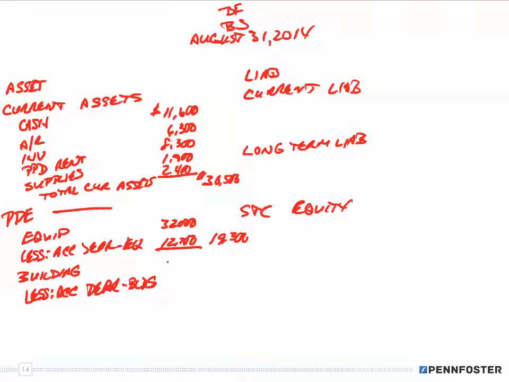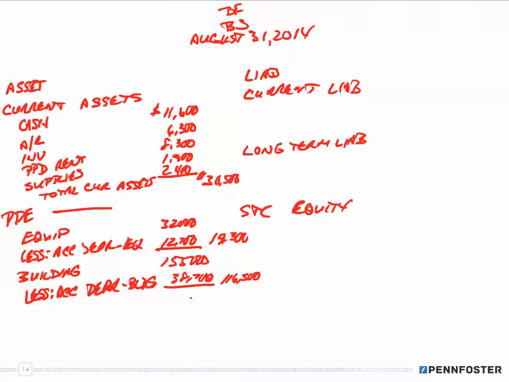Same with the building here. We're going to show the building at 155,000 and the depreciation at 38,700. And we're putting that on the same line as the less accumulated depreciation, which is 116,300.